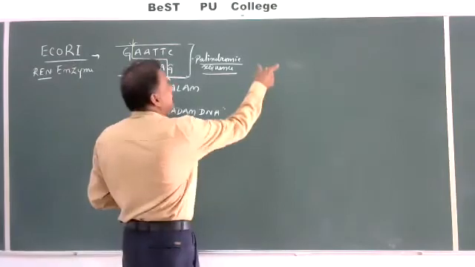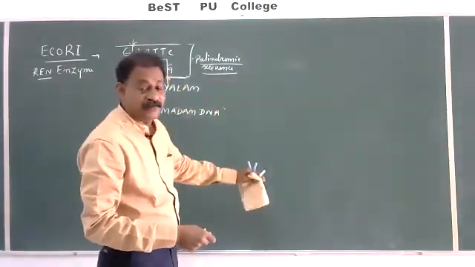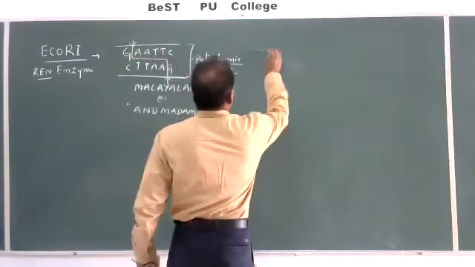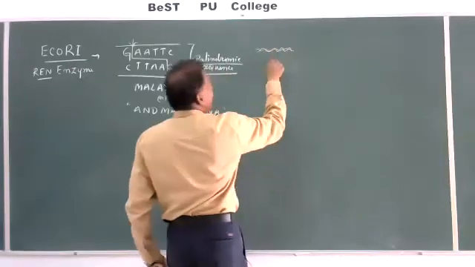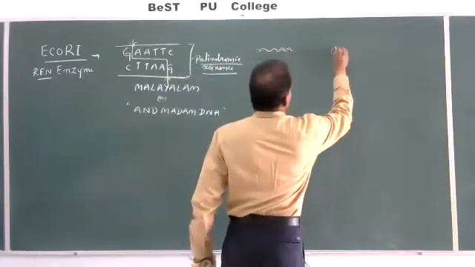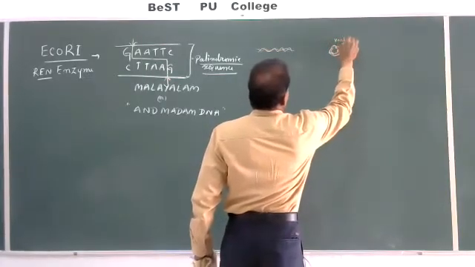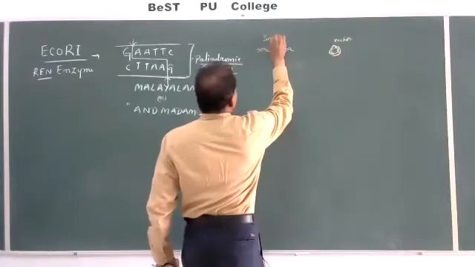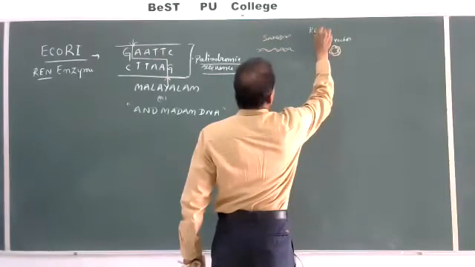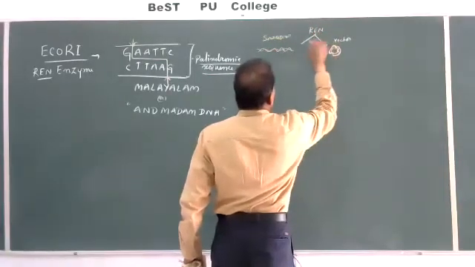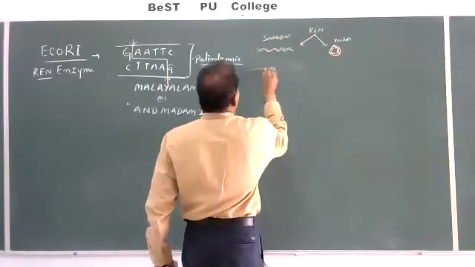Then we have seen a diagrammatic representation of recombinant DNA. I have used one donor DNA molecule, the donor or source DNA, and a vector. When the same restriction endonuclease is applied to both of these, it will cut and separate the pieces.